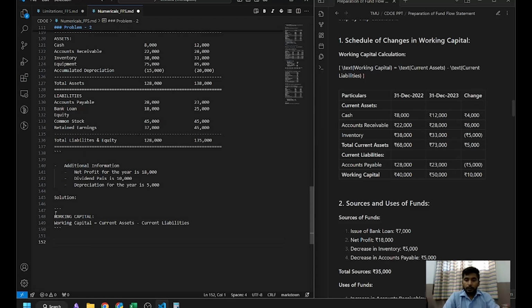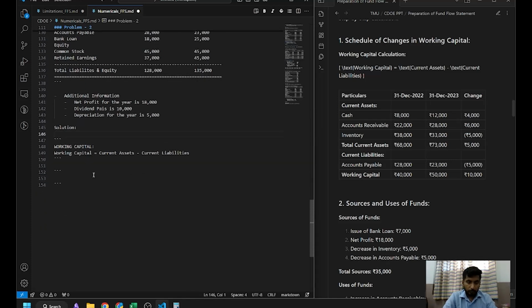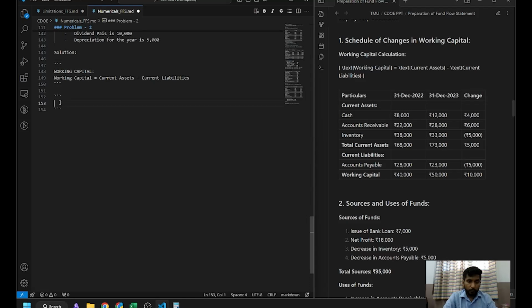Now, let us calculate the working capital. Particulars.